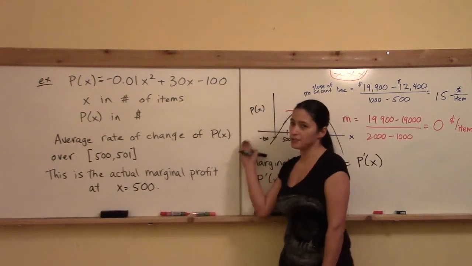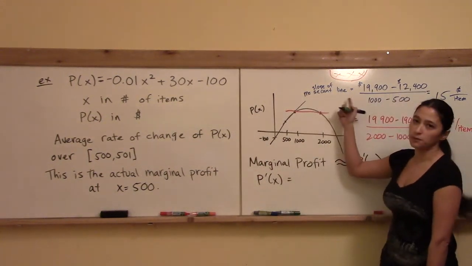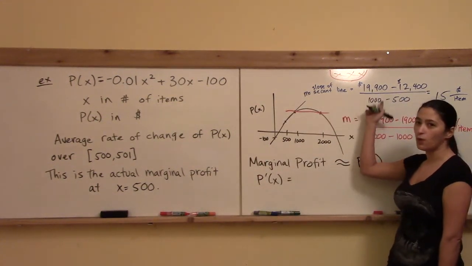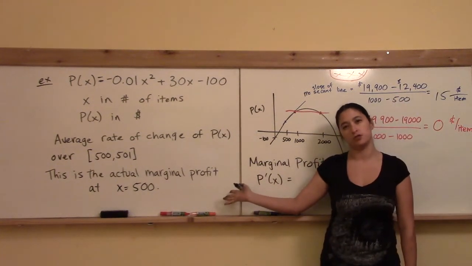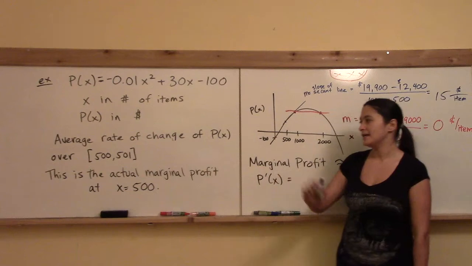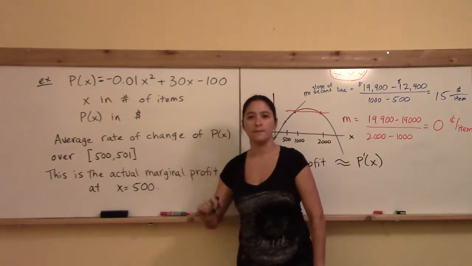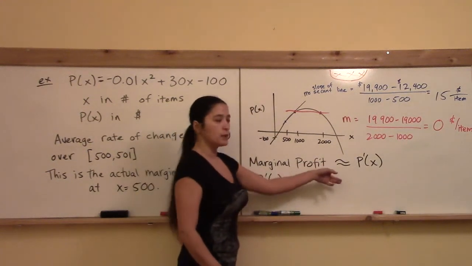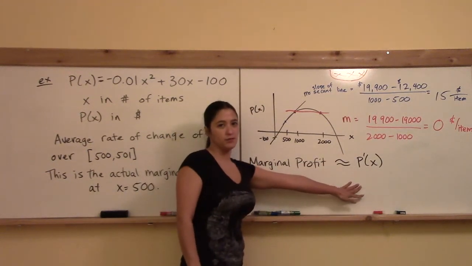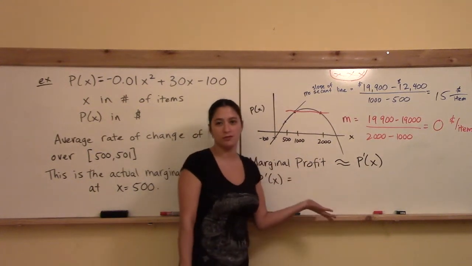Okay, so actually calculating the average rate of change in the old way, where we did the slope of the secant line, which was a change in y over the change in x, that's actually what the marginal profit is defined as. It's how much it's going to change when you change your x variable by 1. But over here, I wrote that the marginal profit is approximately equal to the derivative. The thing about the derivative is it's easy for me to use my derivative rules.